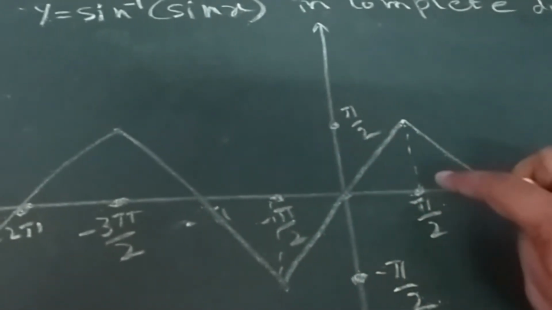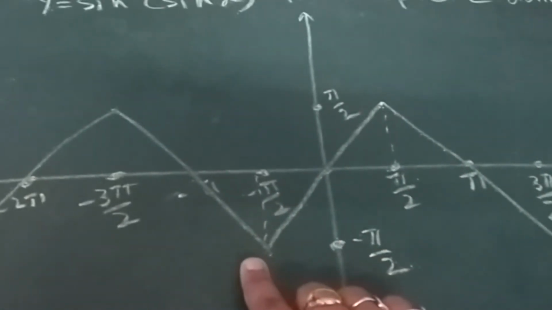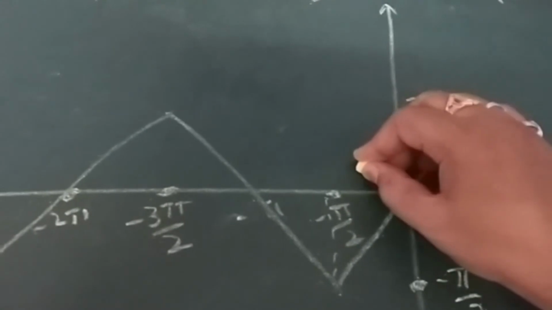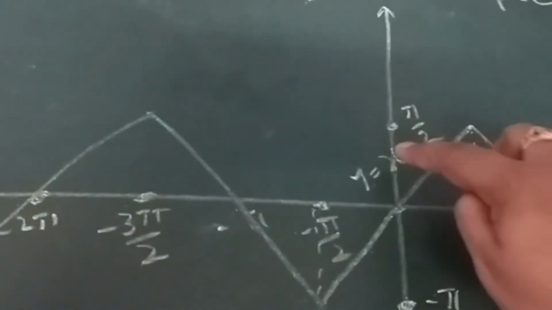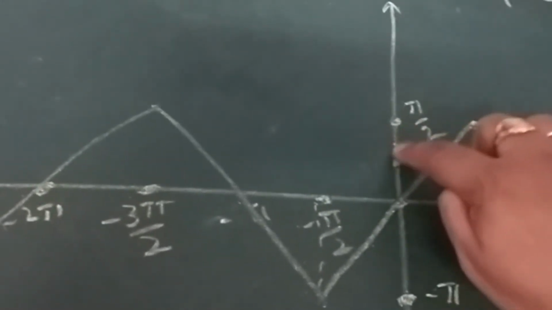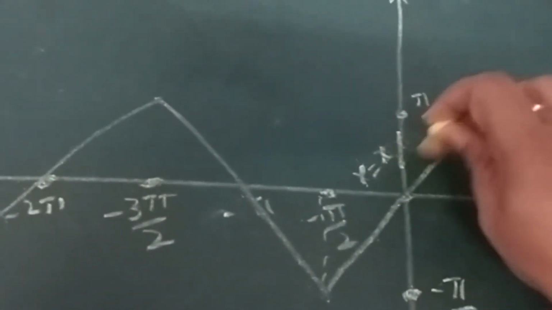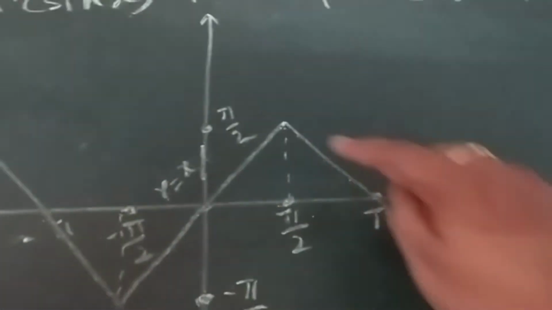Here x is pi by 2, y is pi by 2. Here x is minus pi by 2, y is minus pi by 2. So this one is y equal to x. Let me write it here. This one is the graph of y equal to x. Again, this one is coming down.